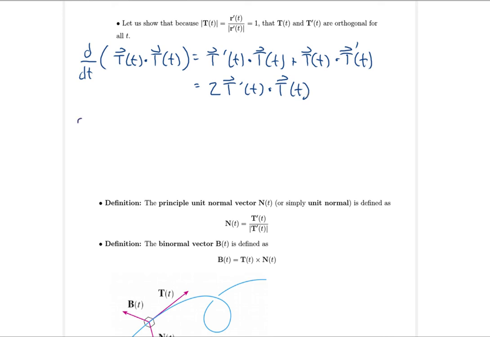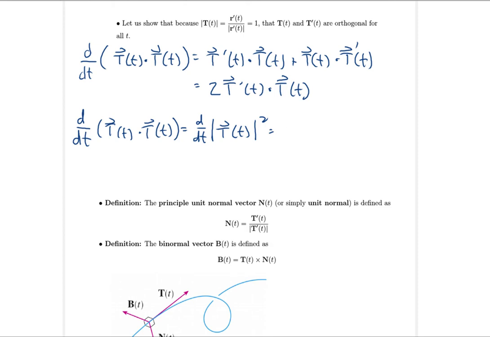On the other hand, if I take that same derivative, the derivative of the unit tangent dotted with itself, then I can also say that it's the derivative with respect to t of, remember, something dotted with itself is equivalent to its magnitude squared. But remember that the unit tangent vector always has length 1.